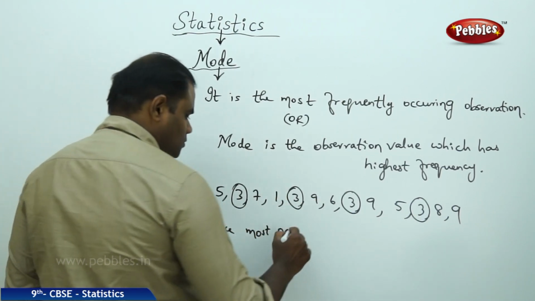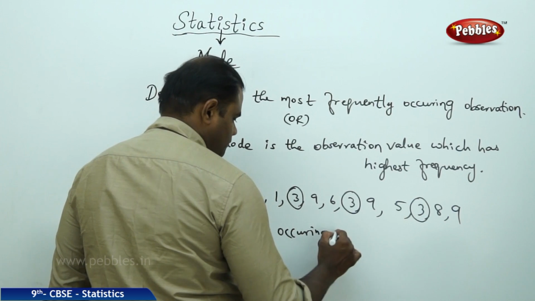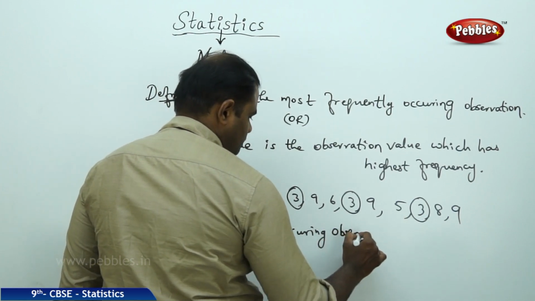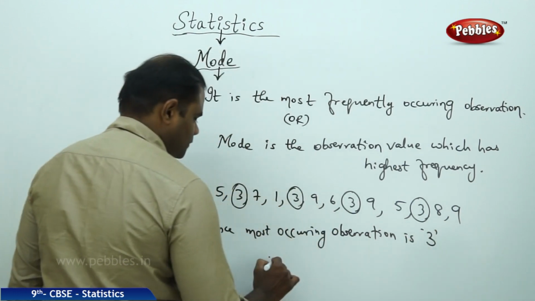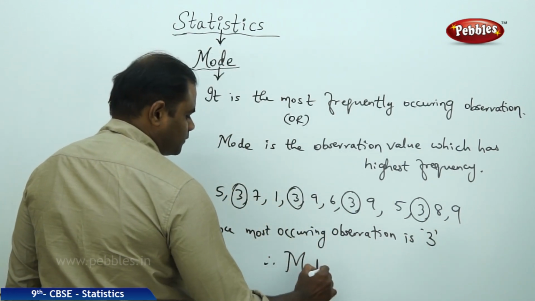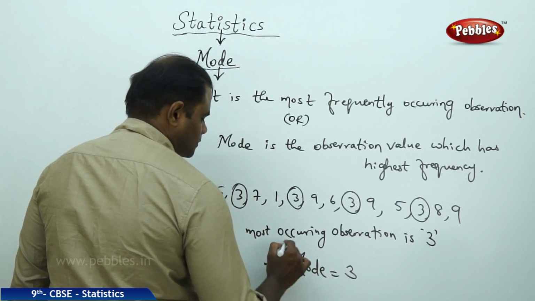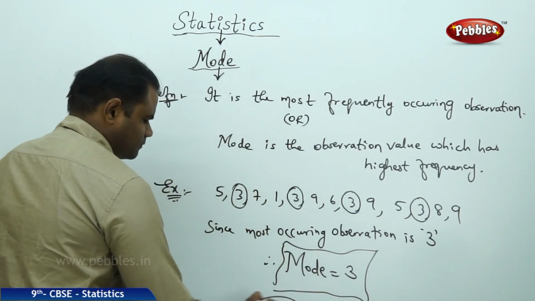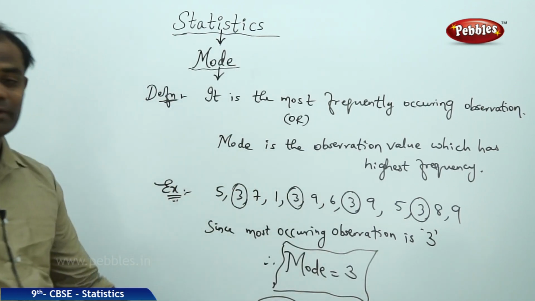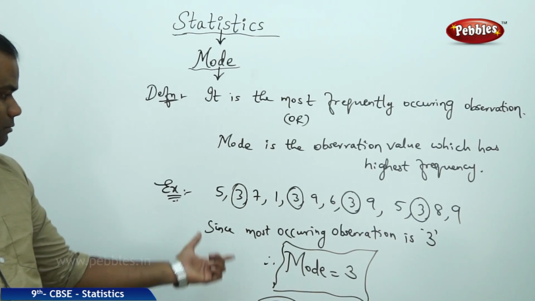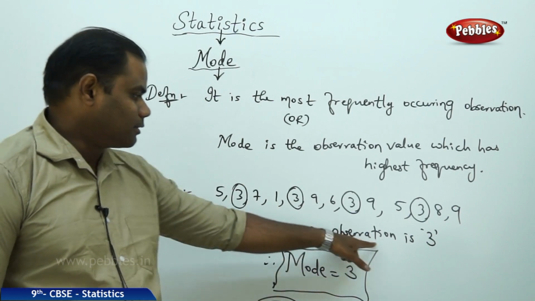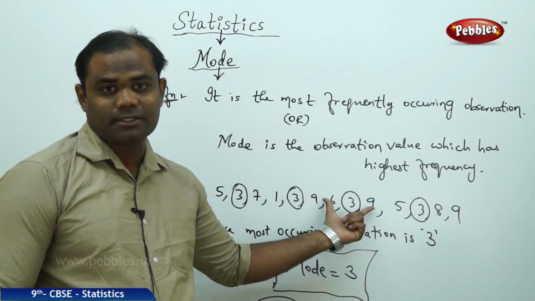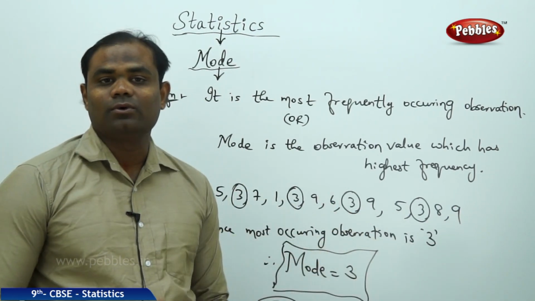Therefore, by definition we say the mode is 3. Is how we define the most frequently occurring observation being 3 in this example, and hence the mode is 3.